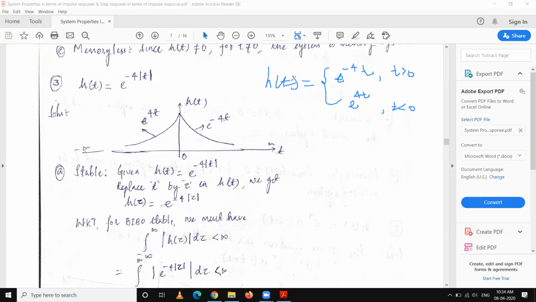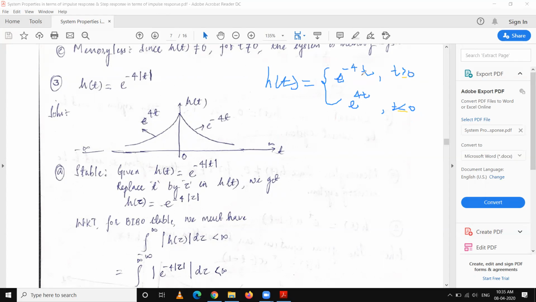So the equation is in this form. Remember this. Now we have to put the values, greater than or equal to 0 and less than or equal to 0.